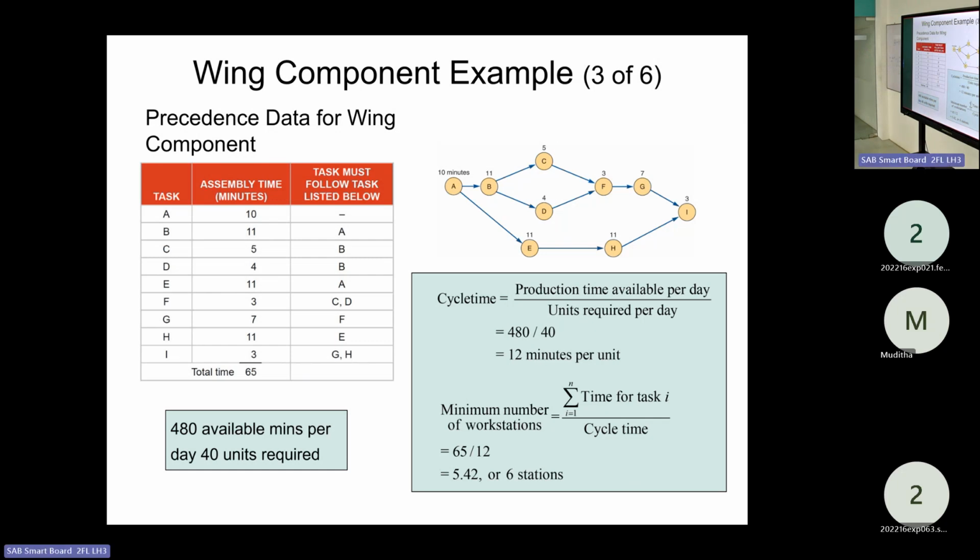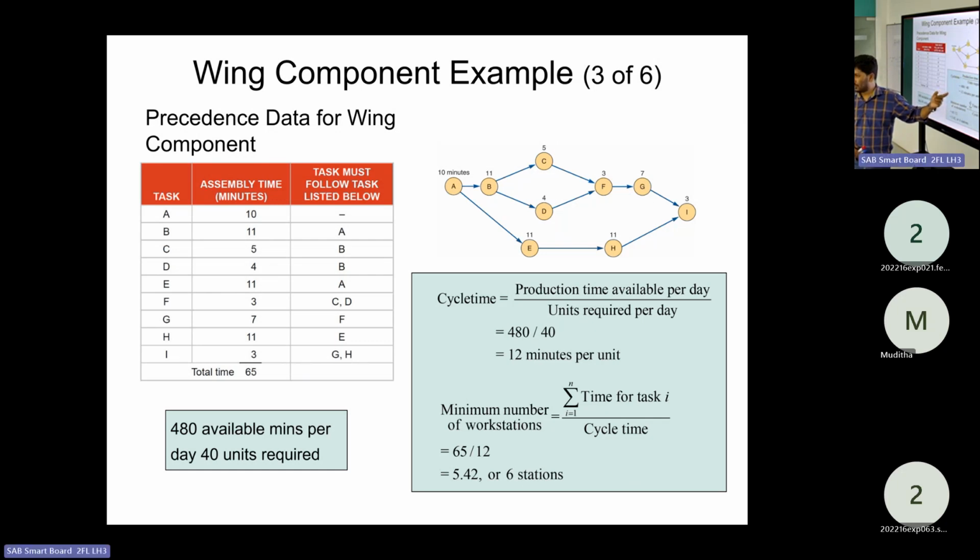So now we are done with it. We drew the precedence diagram, we calculated the required cycle time, and we calculated the theoretical minimum number of workstations. What is the meaning of this 12 minutes per unit? What is the meaning of cycle time here?